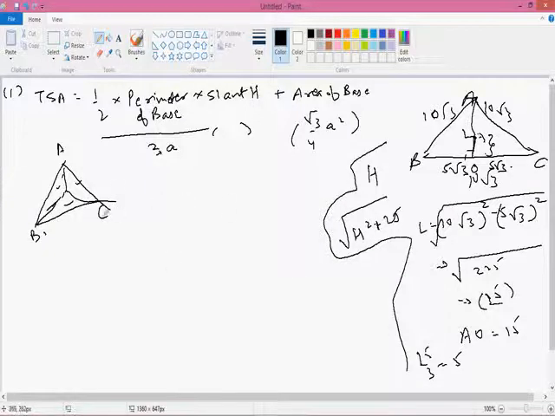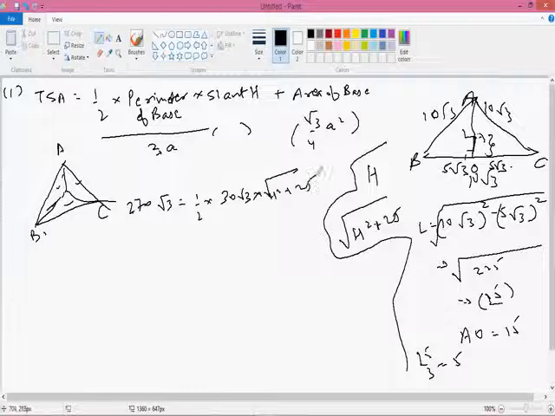Now we are going to put this in the formula. What is the total surface area given to us? The total surface area given is 270 root 3. It will come out as 1/2 into perimeter of the base, which will be 30 root 3, into slant height, which we have just calculated as under root of h square plus 25, plus area of the base.